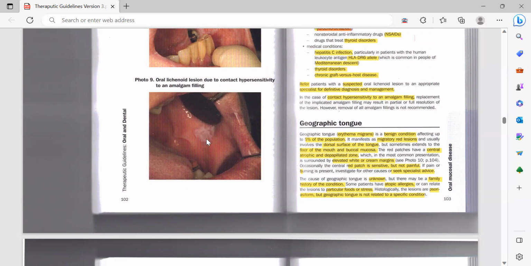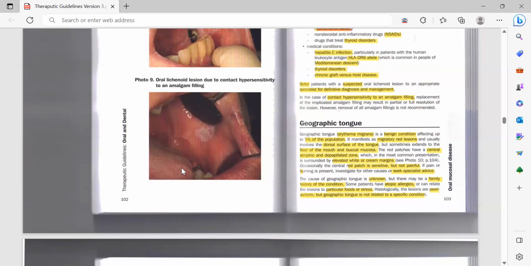So, as you know, this is one of the scenarios in which a female patient asks you to remove all her amalgam fillings because she has an allergy. She is afraid, as she has a nickel allergy, that it could lead to more allergic reactions in her mouth. But here they state that if there is any contact hypersensitivity in regards to this restoration, we only need to remove this restoration.